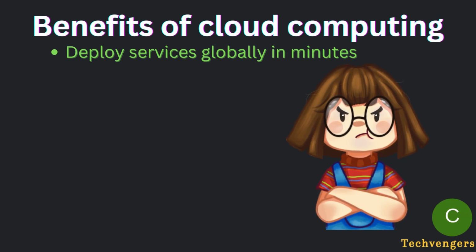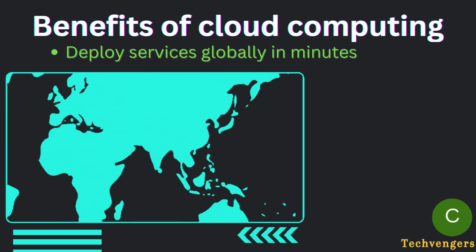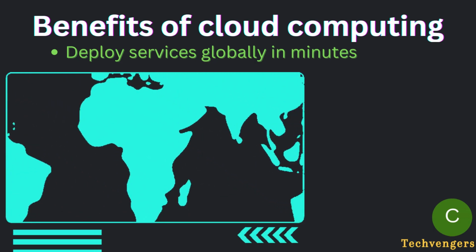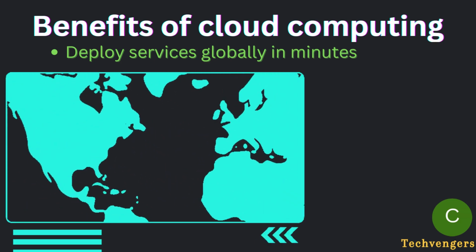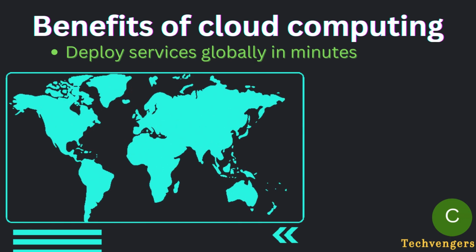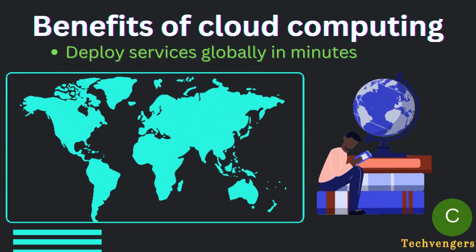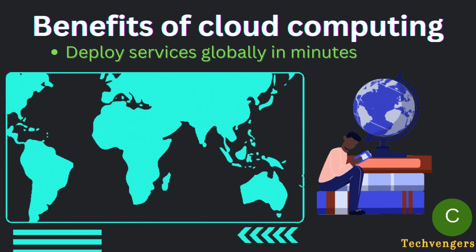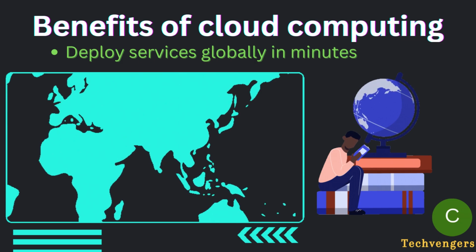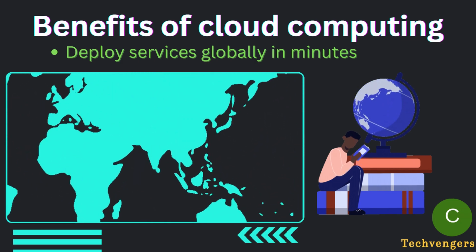So you want to make sure when you have a global presence, meaning you have customers present across the globe, you design and architect your application in such a way that the users, when they try to access this particular service or application, get the response from the application instance which is running closer to them.